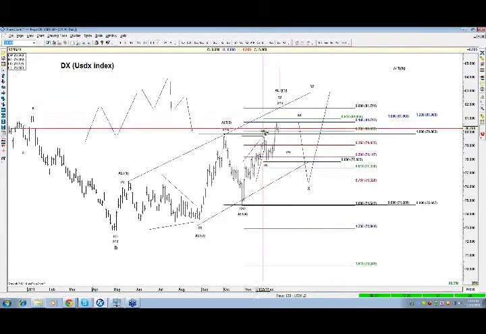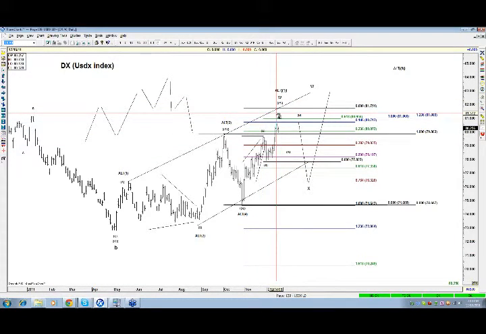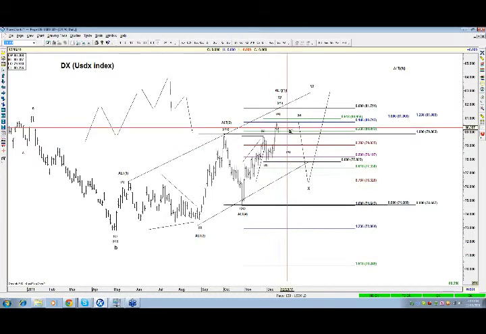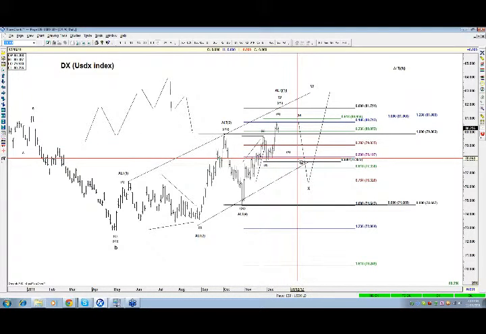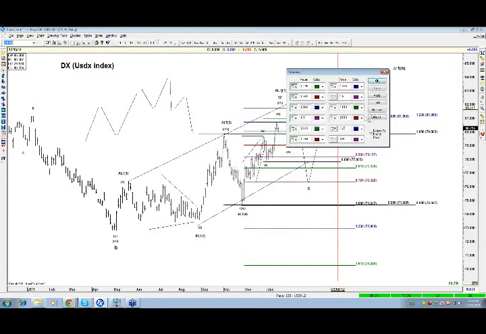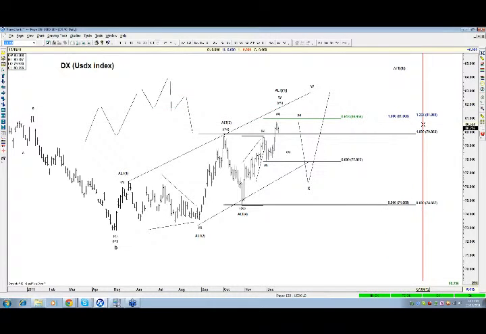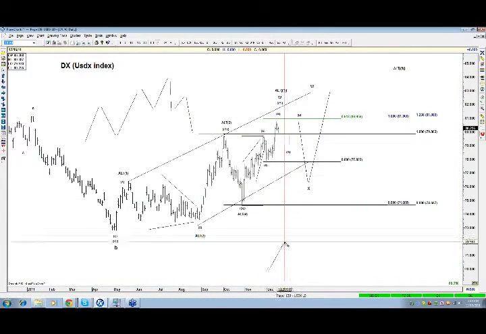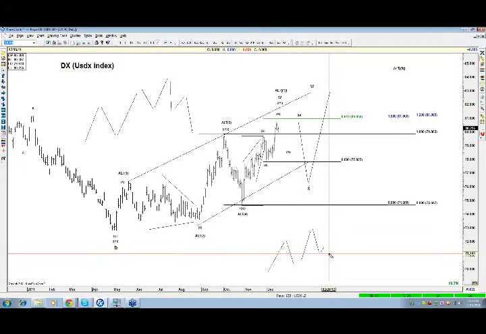Most likely we can be ending A, it is possible, and then a B that is going to go to the 78 area instead of the deeper correction to the downside. Do you guys understand that part, right? What I mean about the double zigzag is different, because a double zigzag structure goes like this. I know that most of you guys know about it. It goes like this.